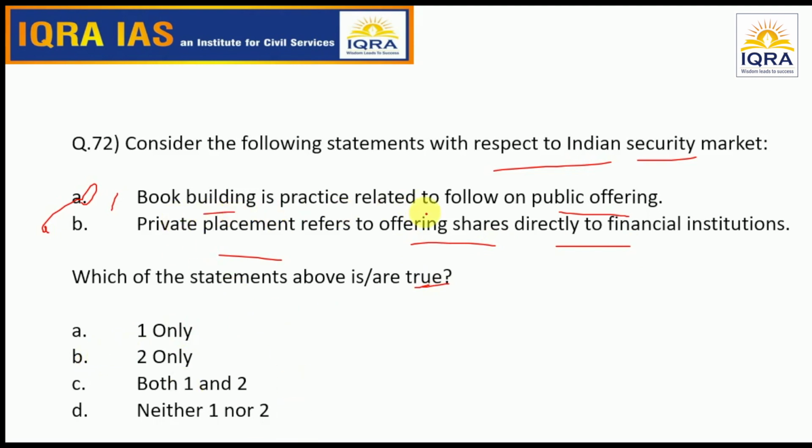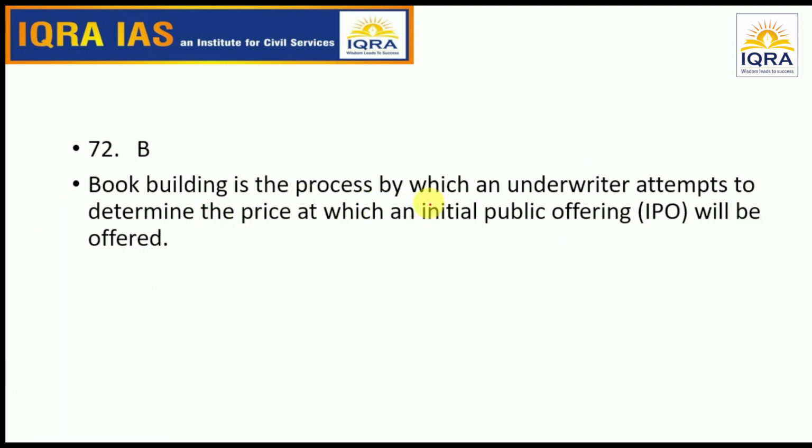Book building is a practice related to follow-on public offering? No, it is basically before public offering, with the underwriter. So this is incorrect. Private placement refers to offering shares directly to financial institutions. Yes. Book building is the process by which an underwriter attempts to determine the price at which the IPO will be offered.